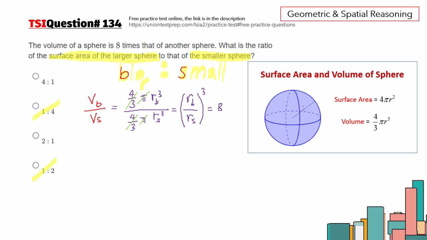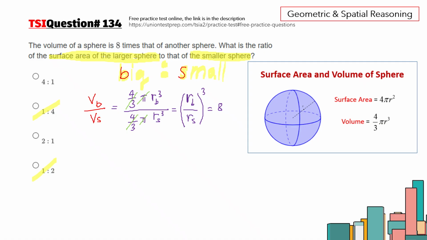And we can find the ratio of the radius of the bigger sphere to the radius of the smaller sphere. It is 2, right? Because we take the cube root of both sides.